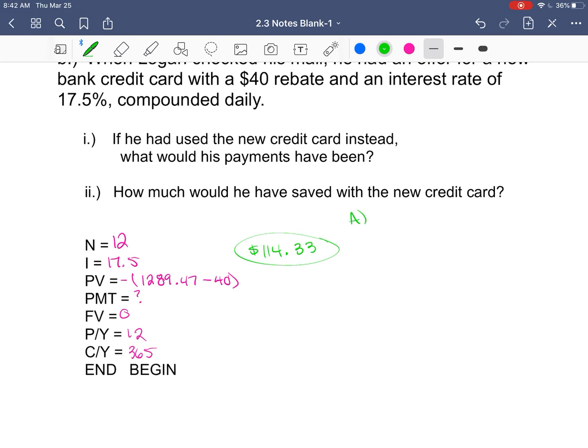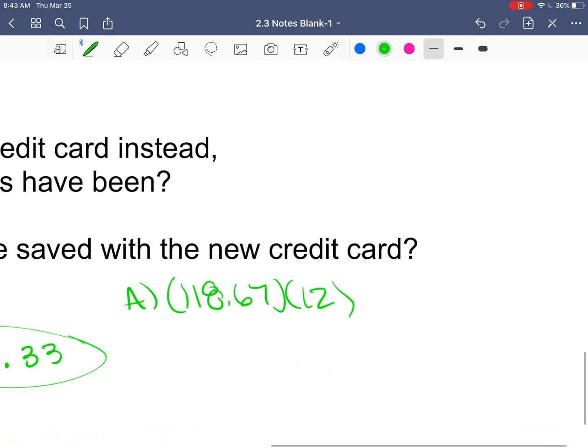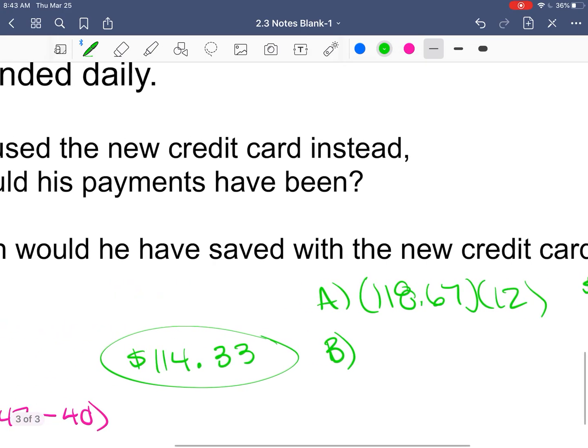How much would he have saved? Well, in option A, he had payments of $118.67 for 12 months. So $118.67 for 12 months is, he paid $1,424.04.